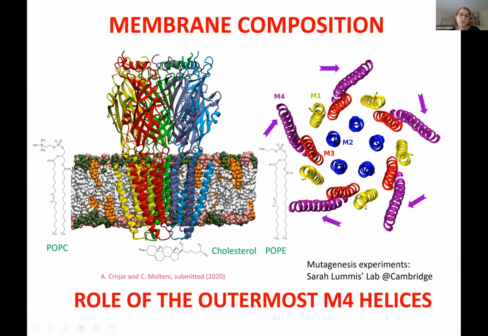So what we have done so far is to consider 3 different compositions with different phospholipids and a different percentage of cholesterol, and see what actually happens.